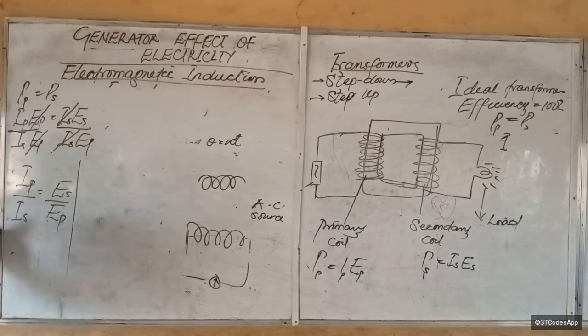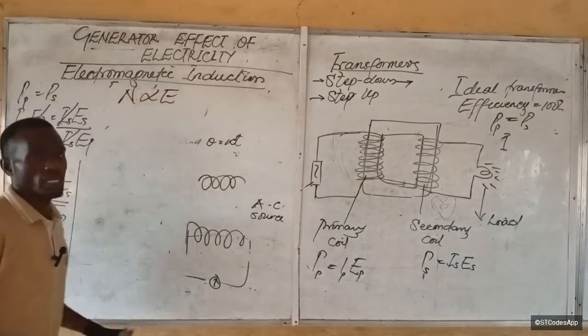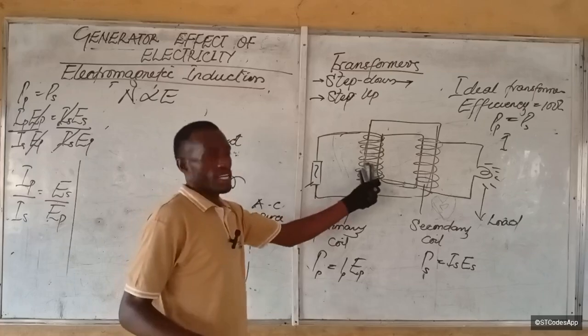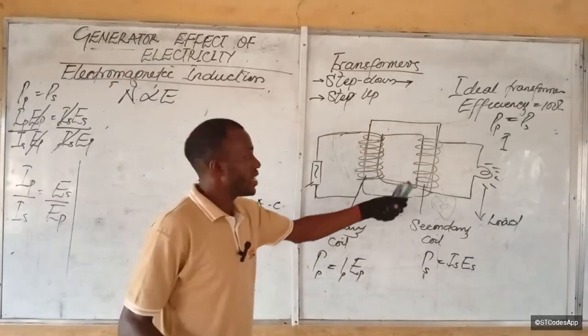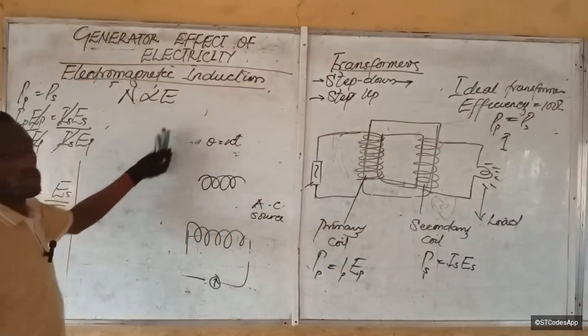Also recall that the number of turns is directly proportional to the EMF. The EMF here is high because the number of turns is high. The EMF is low because the number of turns is low. So the number of turns is directly proportional to the EMF.